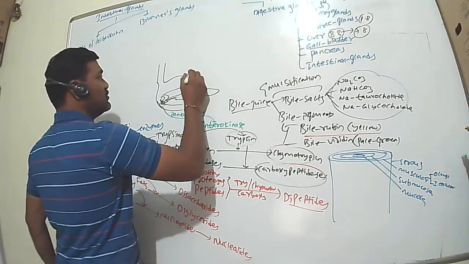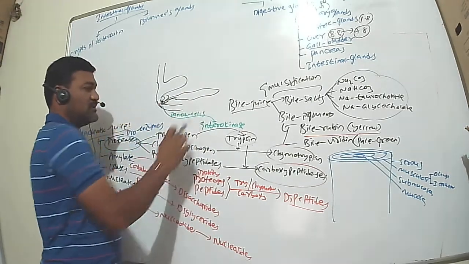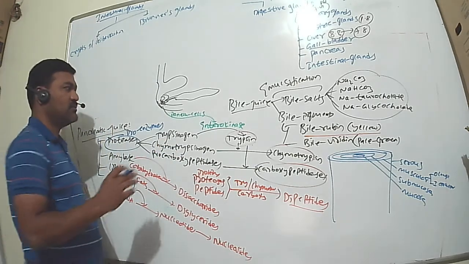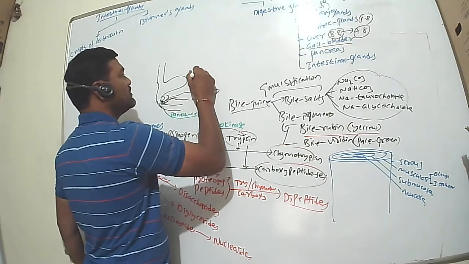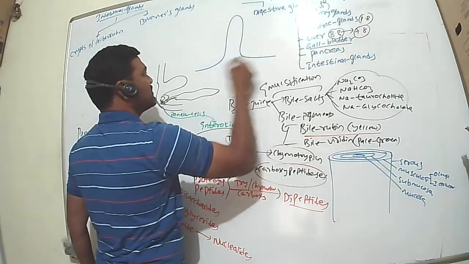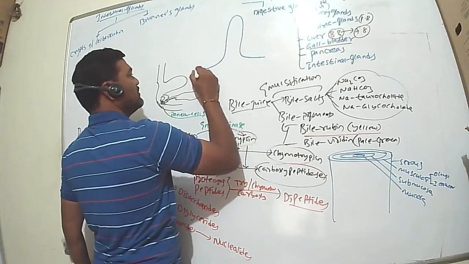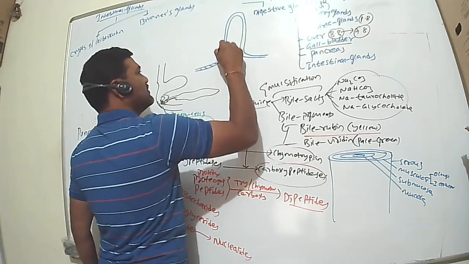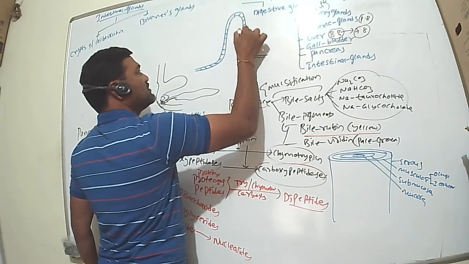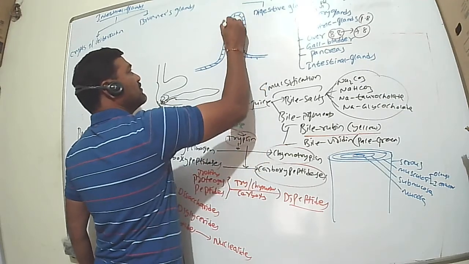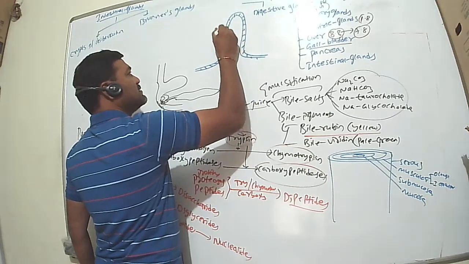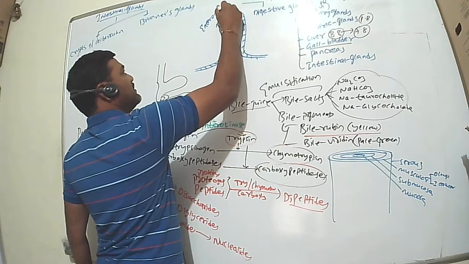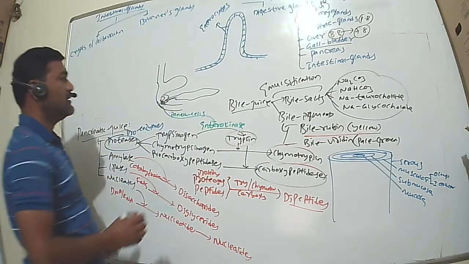Now coming to the structure of villi. I told you the inner mucosa of the small intestine is drawn into finger-like foldings like this. This is the mucus layer. These cells are called enterocytes.